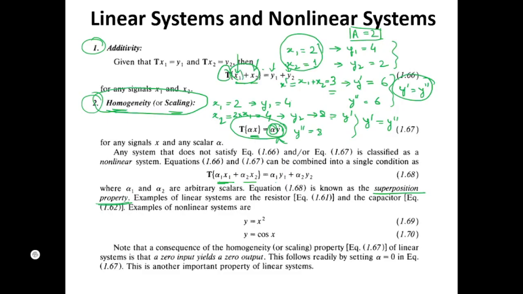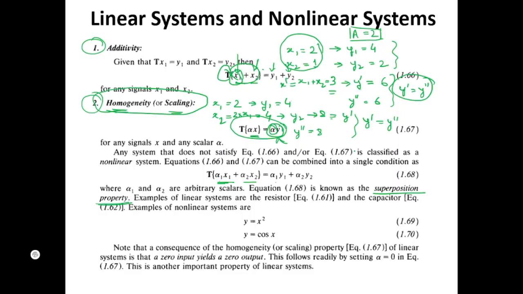If we are multiplying or scaling x1 with a factor, our output will also be scaled by the same factor. Similarly, if we scale the second input signal, our output signal will also be scaled by the same amount. Okay.